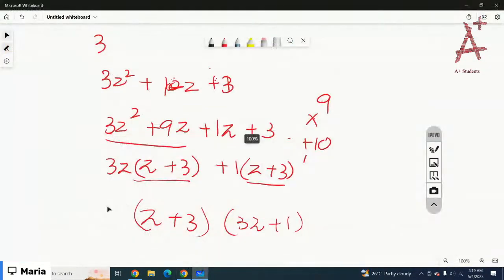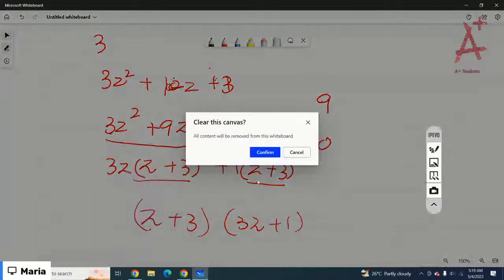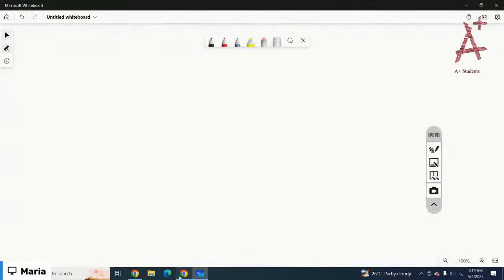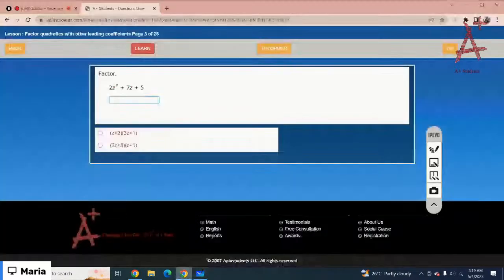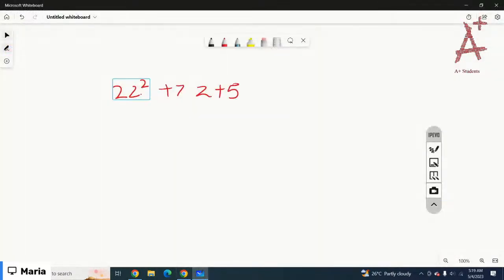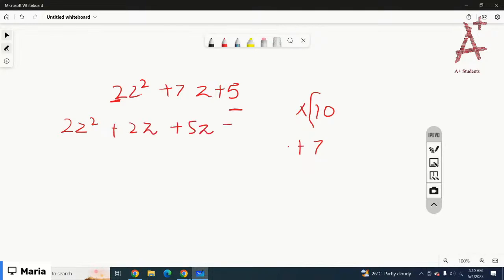Okay, the next one is 2z square plus 7z plus 5. Let's just multiply the coefficients of z square and 5. So it would be 5 times 2. 5 times 2 makes 10. So you need two numbers that when multiplied make 10 and when added make 7. So it would be 2z plus 5z.